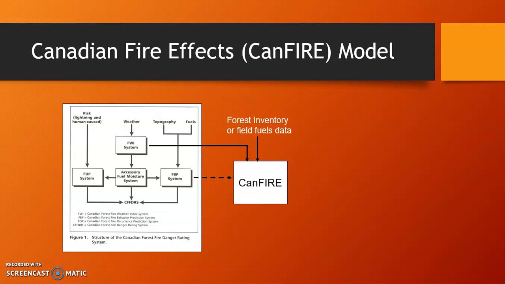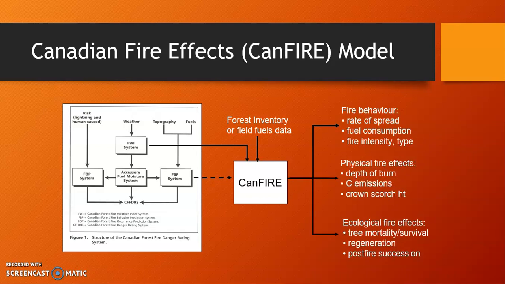And the third driver is fuels information or forest inventory that's input into CANFIRE. So in effect, what CANFIRE is doing is allowing you to use fuels information with the FBP system. And the output is that it provides information on fire behavior, rate of spread, fuel consumption, fire intensity, and type of fire, as well as physical and ecological fire effects.